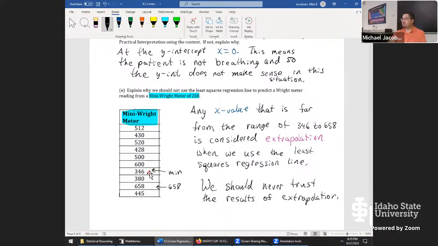If we were to take a prediction of, say, 330, that wouldn't be too bad. At 300, we're starting to extrapolate already. And at 250, we just should not even trust those values.